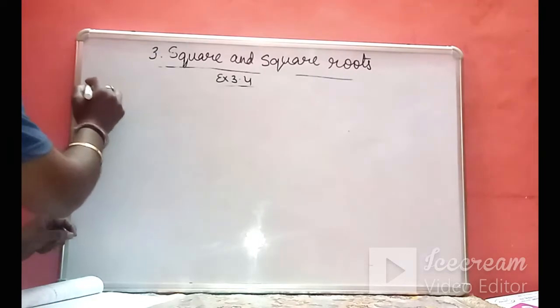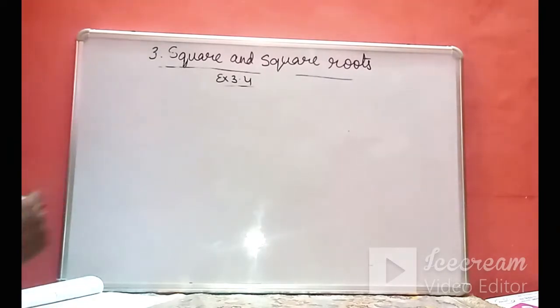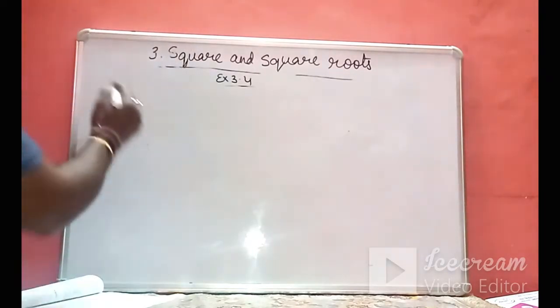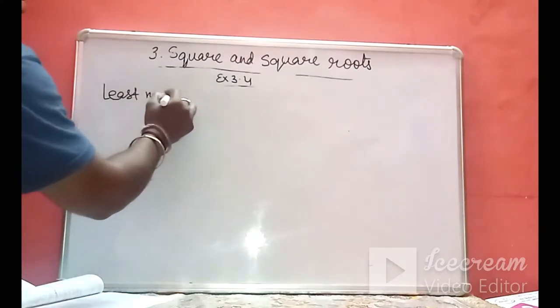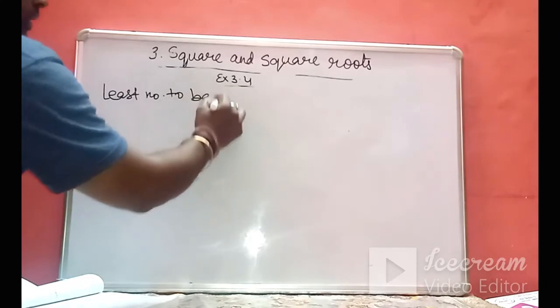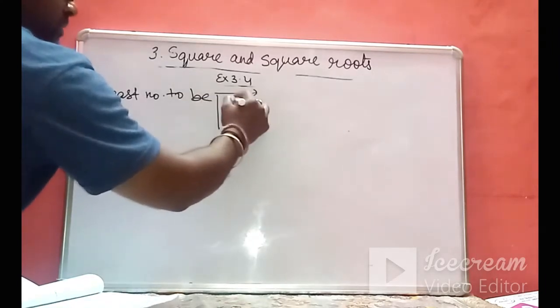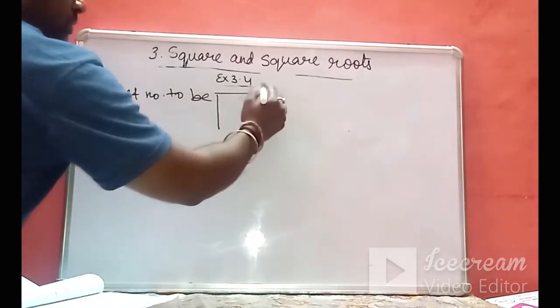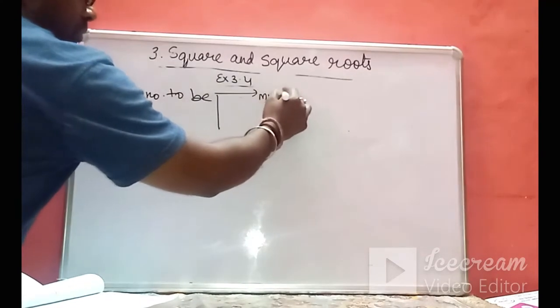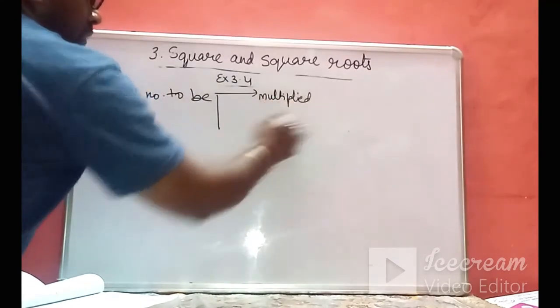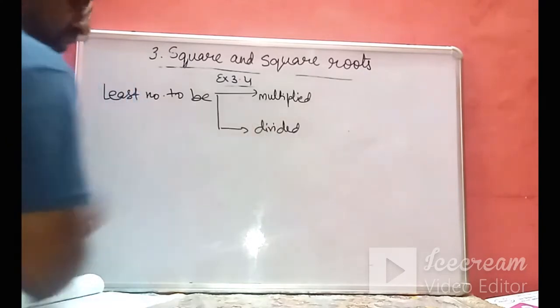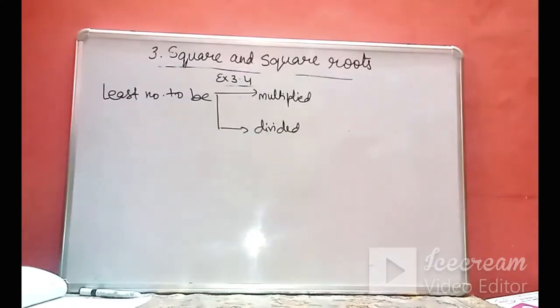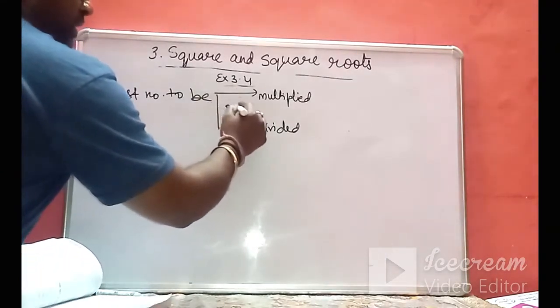So in the previous exercises we have seen the questions where we have to find the least number to be either multiplied or divided. Okay, this we have done. So for that, what method have we used? We have used the prime factorization method.